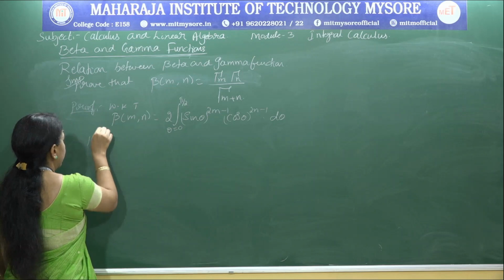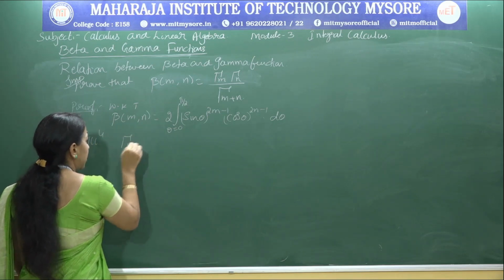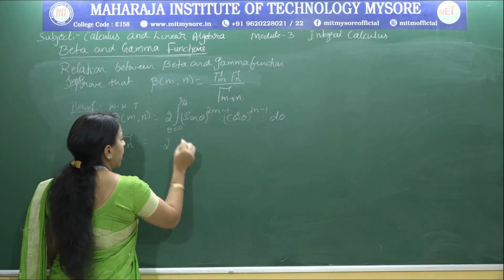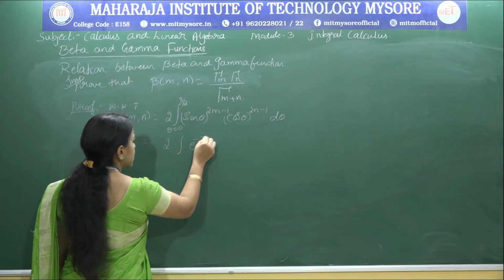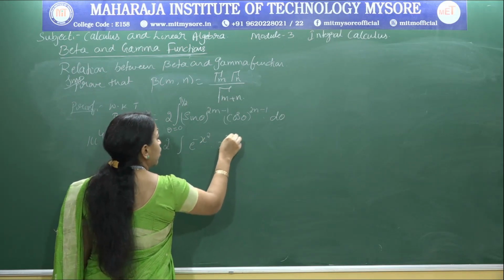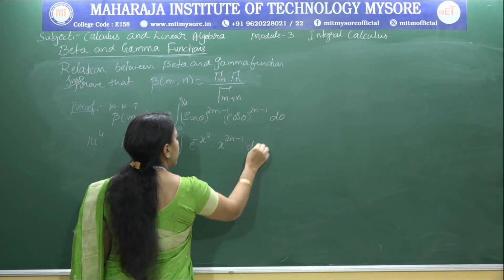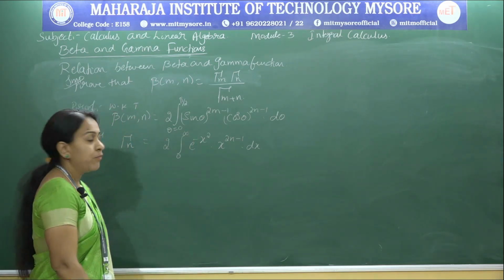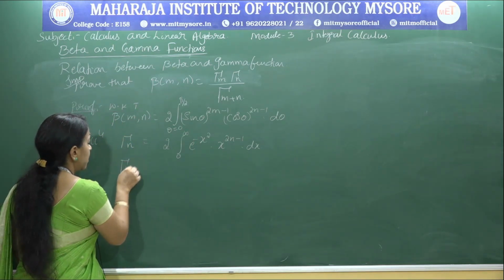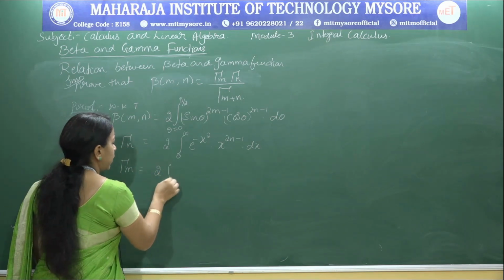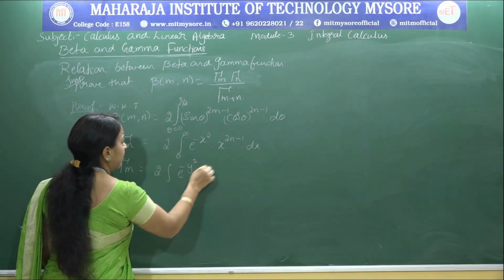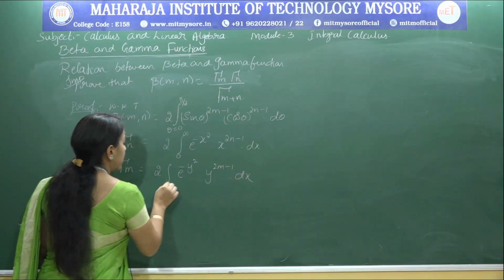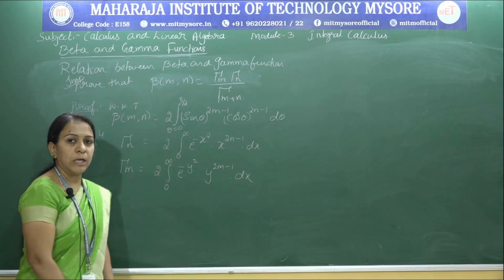Also, similarly, we know the gamma definition. Let me define gamma n in terms of x, that is gamma n is 2 times the integral e power minus x square into x to the power of 2n minus 1 into dx between the limit 0 to infinity. Similarly, gamma m, I define as 2 times the integral e power minus y square y to the power of 2m minus 1 dy between the limit 0 to infinity.